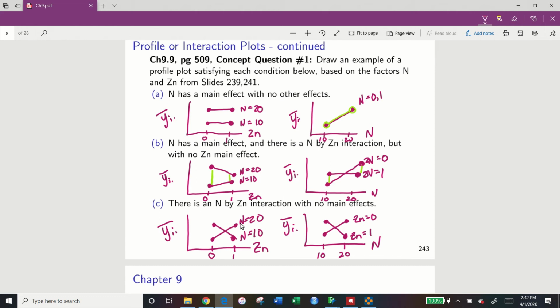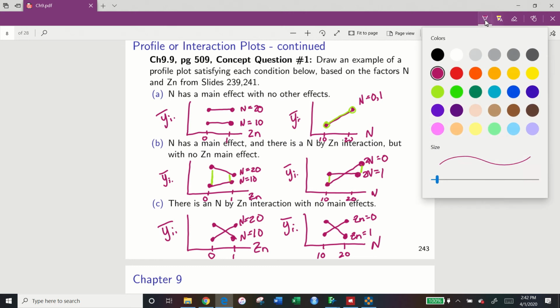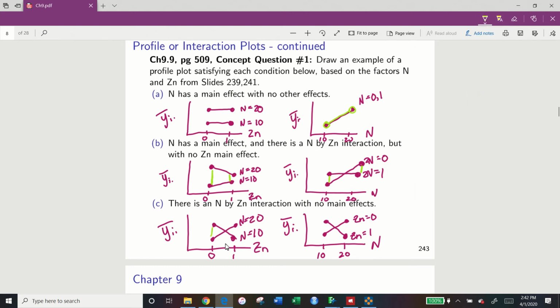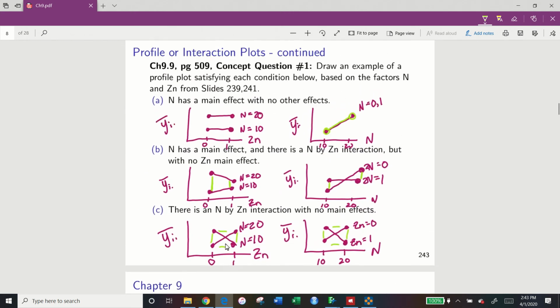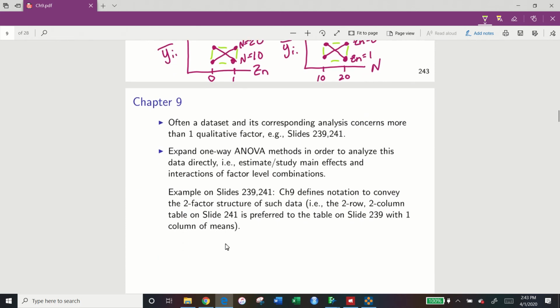All right, so notice the spacing of our line segments is about equivalent. That should be the case when we have no main effect, just interaction effect. Okay, so that brings us to the end of talking about our profile plots.